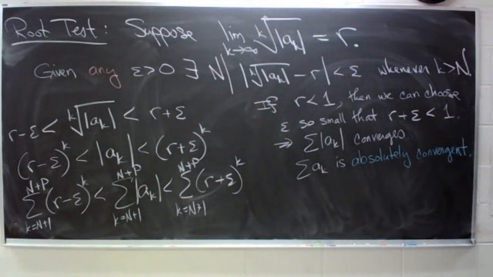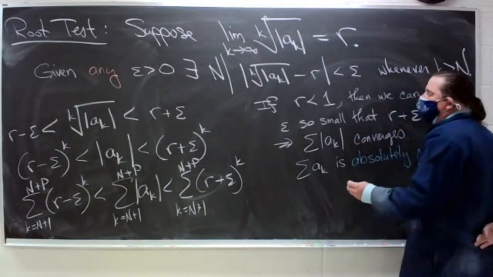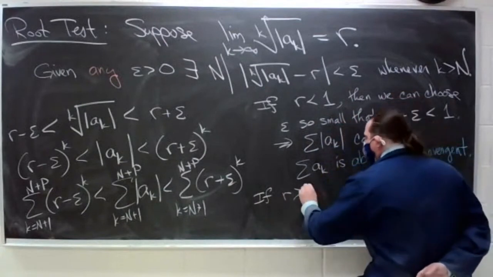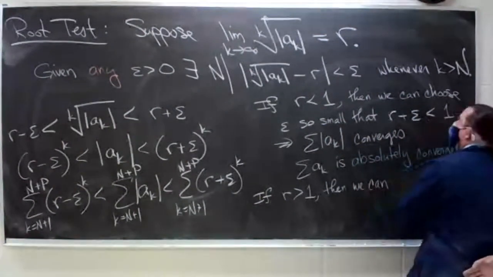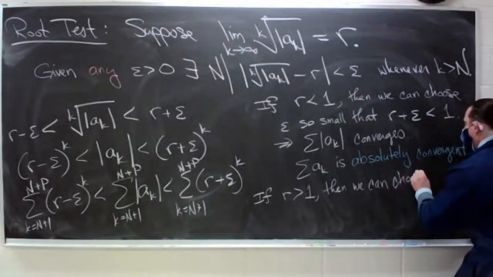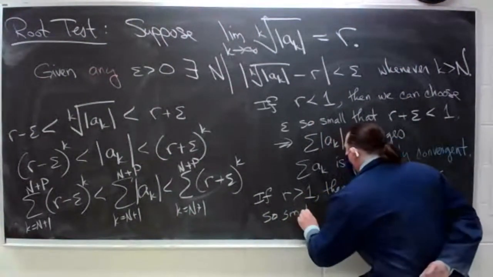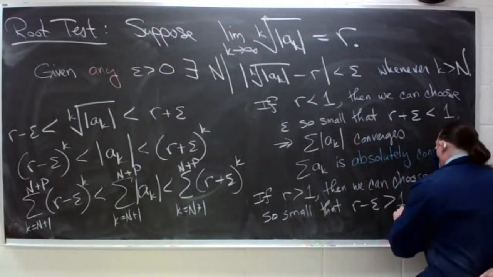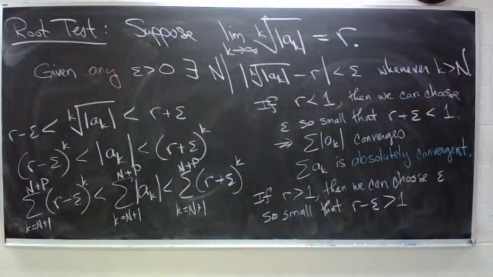What if r is greater than 1? Then we can choose epsilon so small that r minus epsilon is still larger than 1.